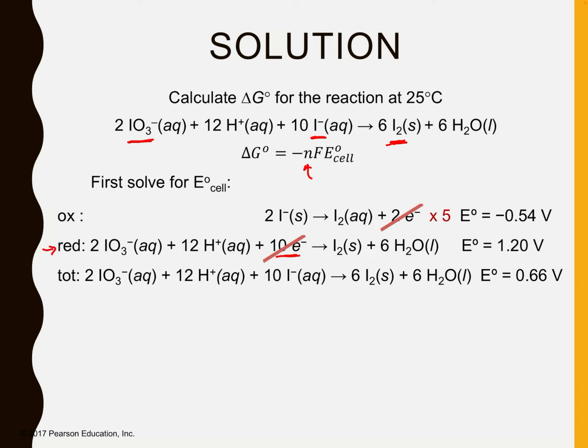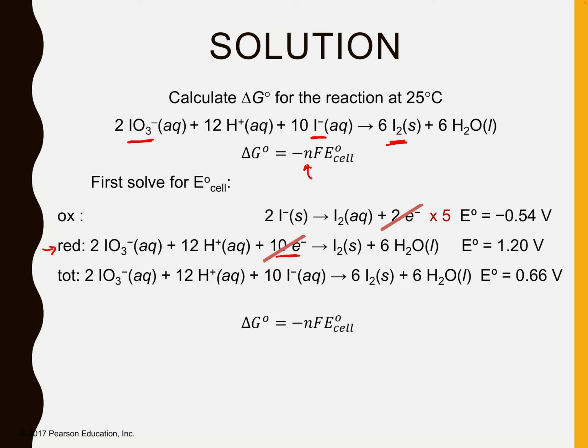Remember again, when we multiply our reactions, like say the first reaction got multiplied by 5, we are not multiplying our E naught value because our E naught value is an intensive value, so we don't multiply that number by anything.